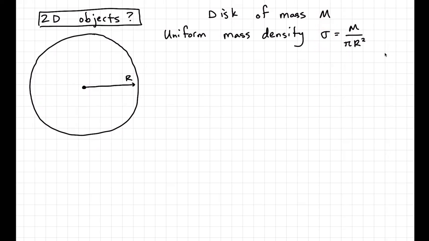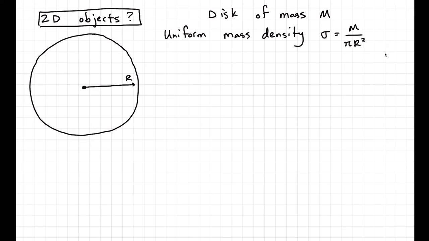You could conceptualize this as a thin disk that's really just two-dimensional, or a cylinder that is uniform in its depth dimension. So effectively every layer of the disk has the same uniform mass density, and it's just a cylinder of some depth. Turns out the result is the same. But we'll just imagine this is a purely two-dimensional object here.